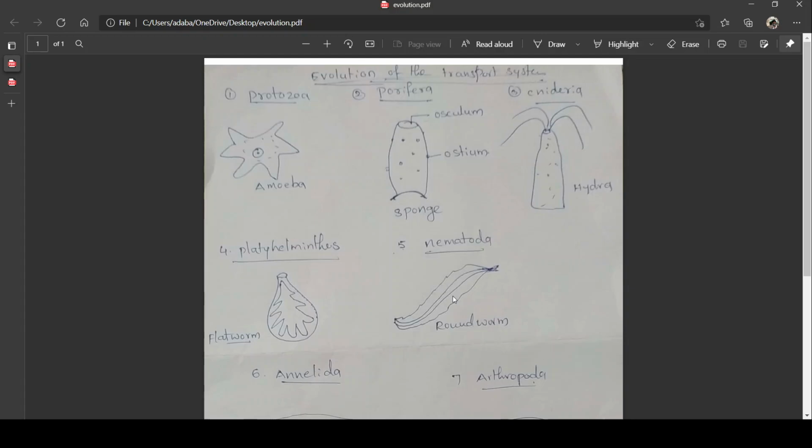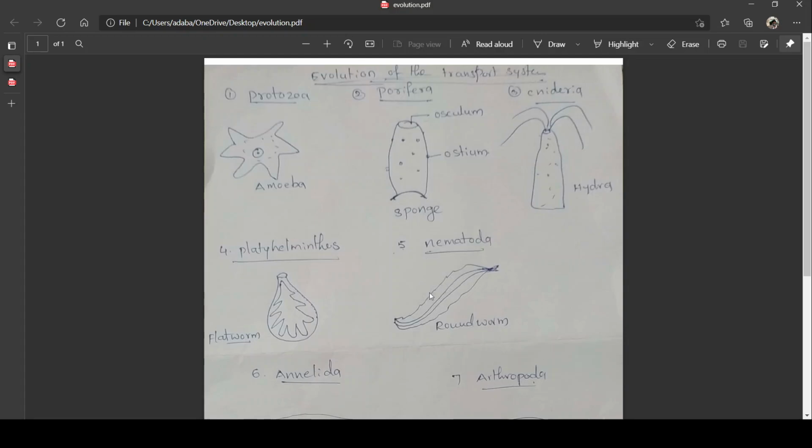It collects the materials and distributes them to all the body cells.